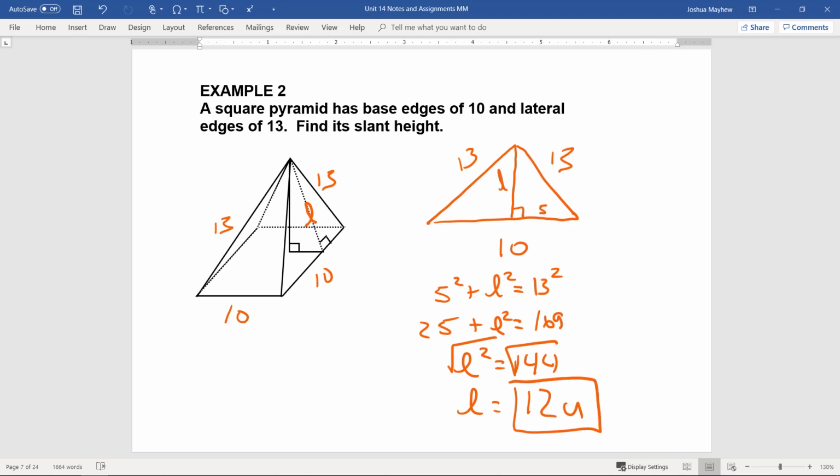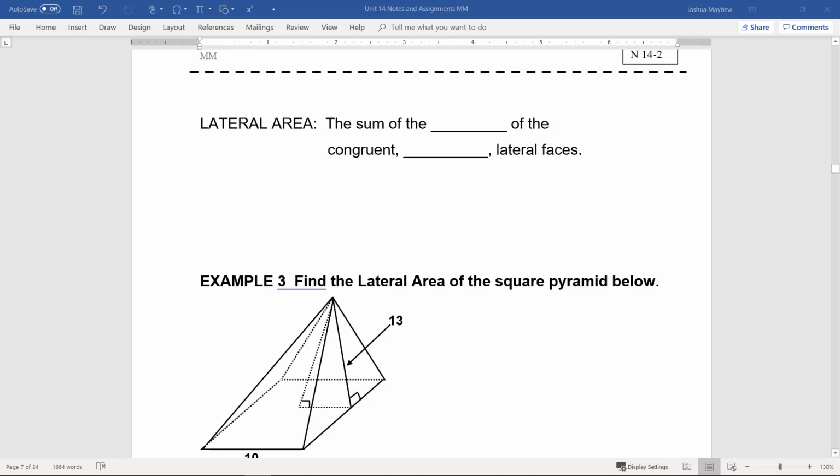All right, moving on. We're going to talk about lateral area of pyramids. Just like lateral area of prisms, it's the area of the lateral faces, or by definition, the sum of the areas of the congruent triangular lateral faces.